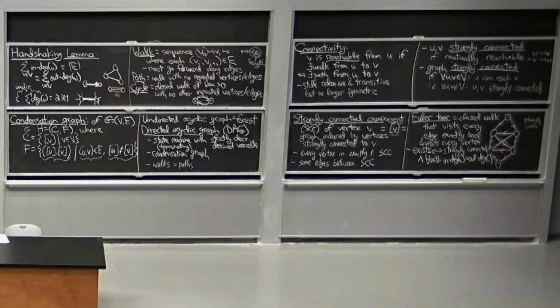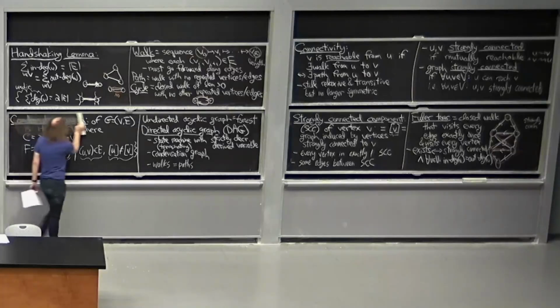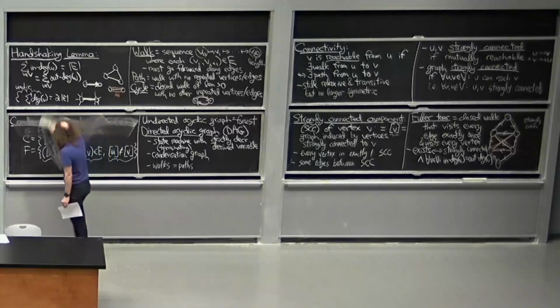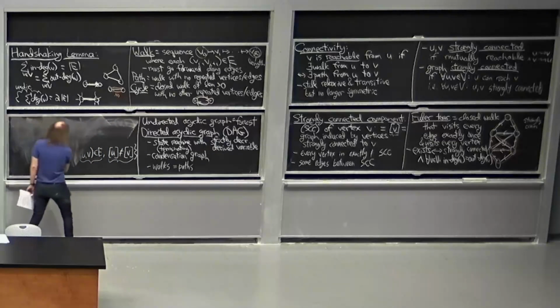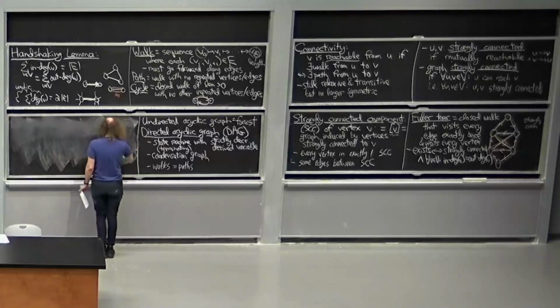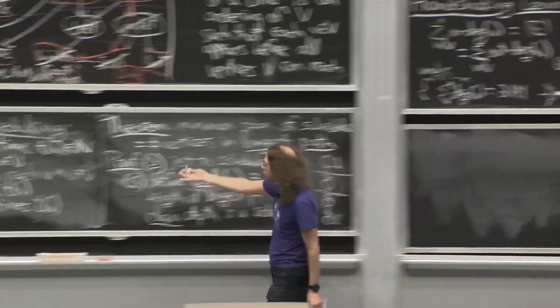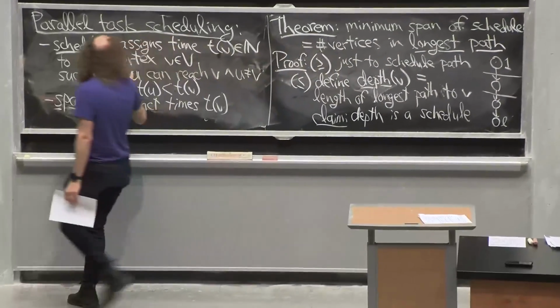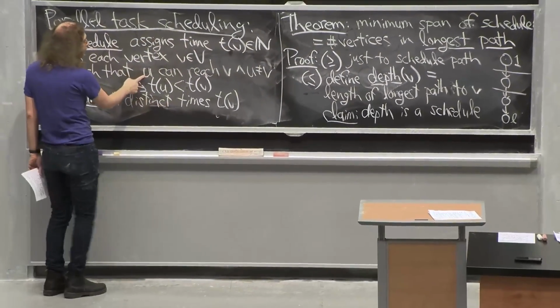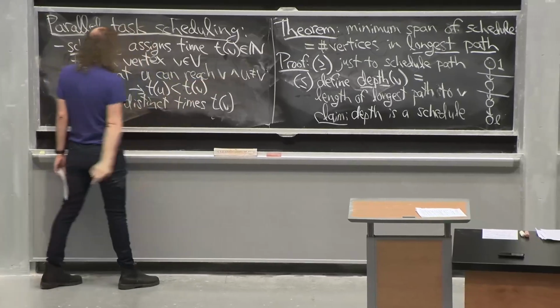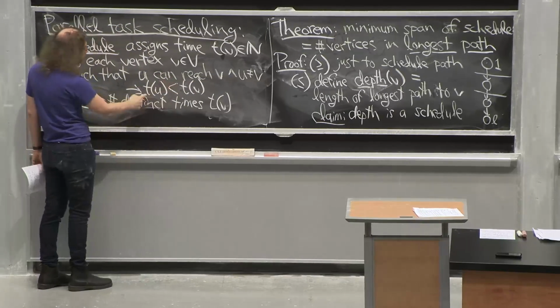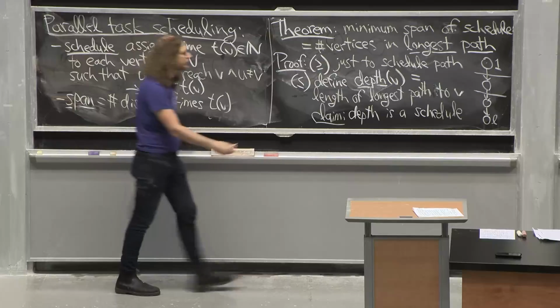So let's prove that. What does it mean to be a valid schedule? It says that if I have two vertices u and v, where u can reach v and u is different from v, then I have to prove that depth of u is less than depth of v.